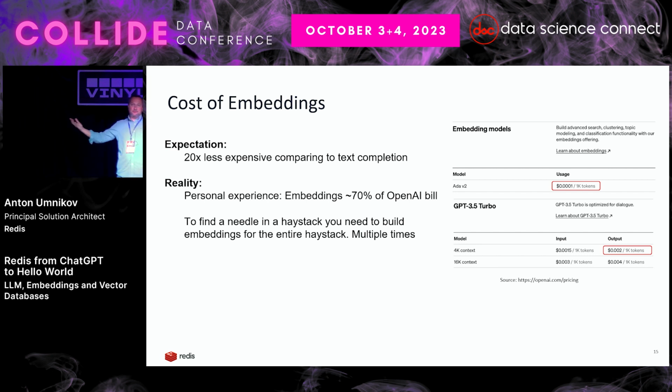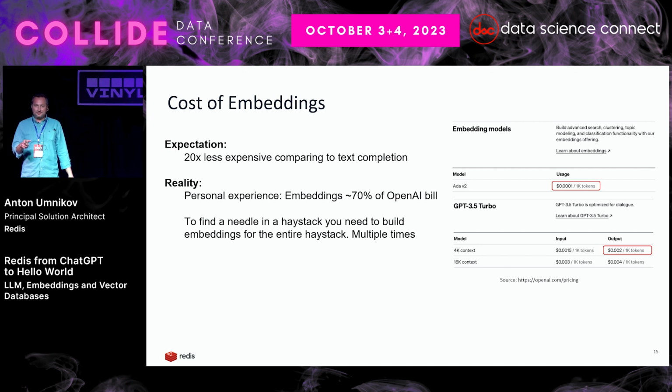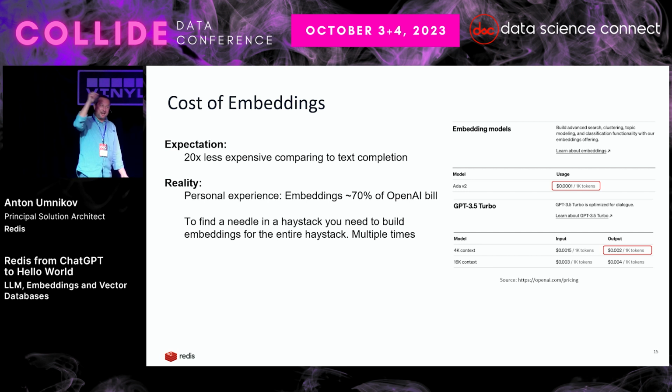Now, you might think, oh yeah, that's peanuts. I would not worry about it. You should. Because if you are looking for a needle in a haystack, you need to build embeddings for the entire haystack, and in your development cycle, you'll be doing it over and over and over again because, okay, what is the chunk size, how do they overlap, and so on.